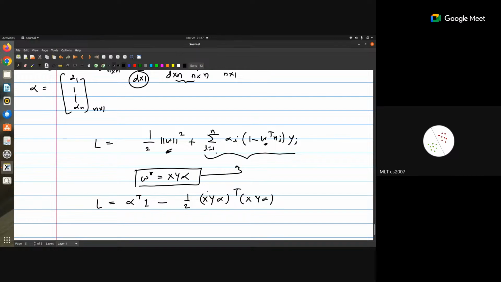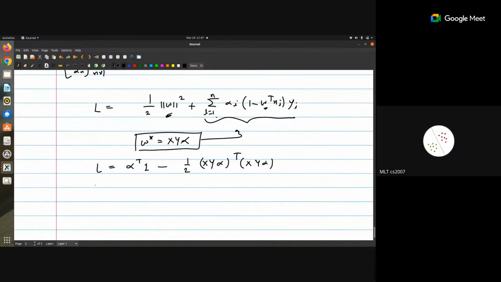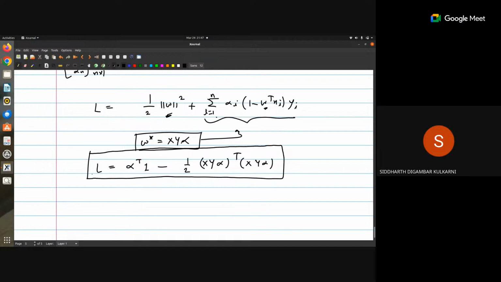You'll understand why this happens: if you just substitute there, you'll get this answer. So this will be your answer, right? This alpha will be the optimal alpha, right, sir? Yes, because we are considering W star as the optimal solution, right? Yes, sir. Okay.